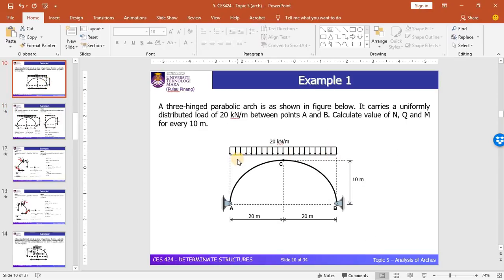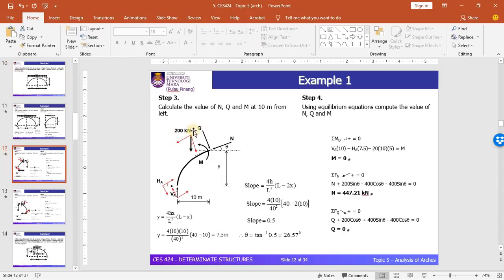Since we analyze the internal forces at 10 meter from support A, you need to multiply this 20 kilonewton per meter UDL by 10 meter, resulting in a 200 kilonewton load. Then find the component of this 200 kilonewton load.